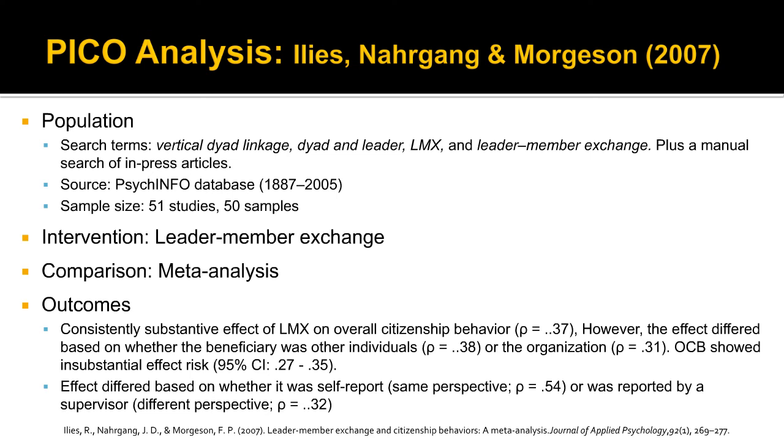However, if actual citizenship behavior was observed by a supervisor, taking an outside perspective on that individual's relationship between leader-member exchange and their citizenship behavior, the effect was much smaller, with a corrected correlation of 0.32, and also the potential for insubstantial effect risk.